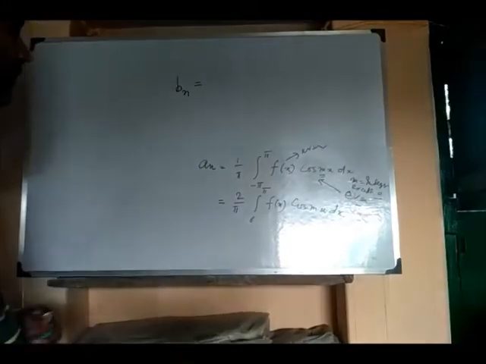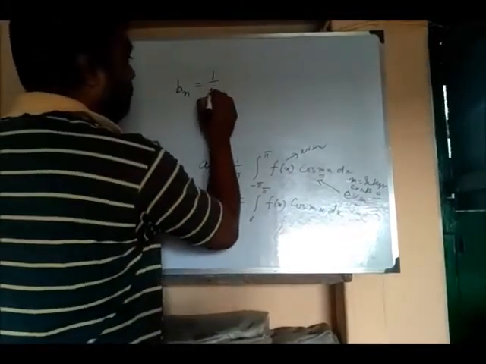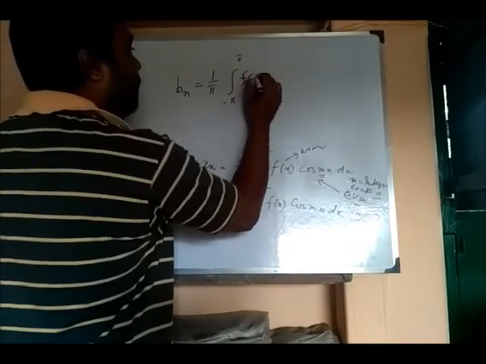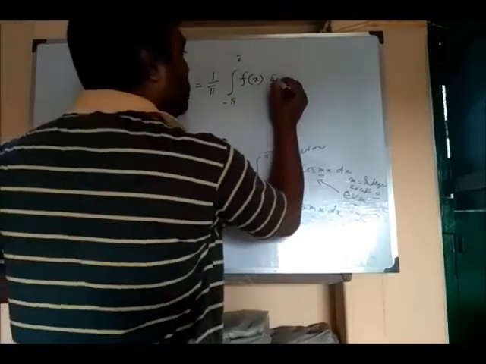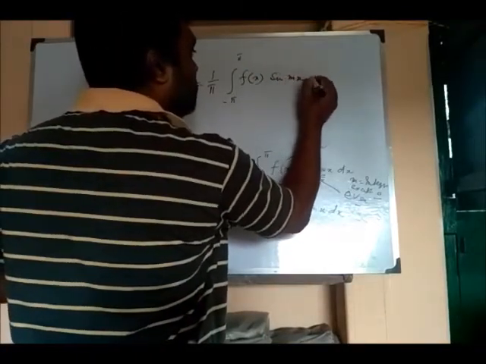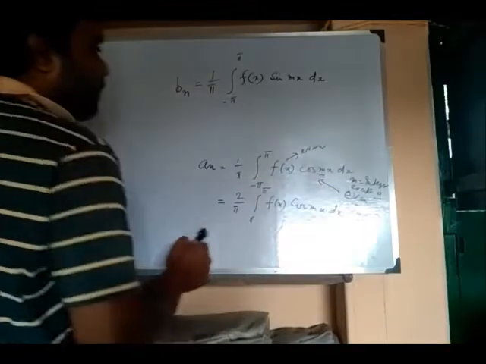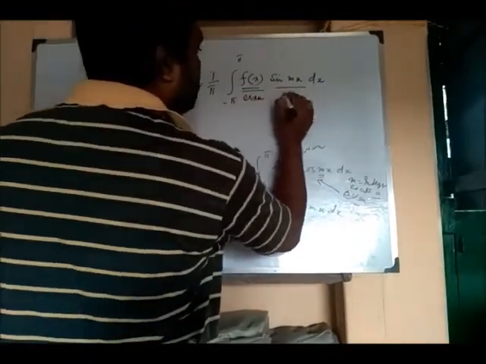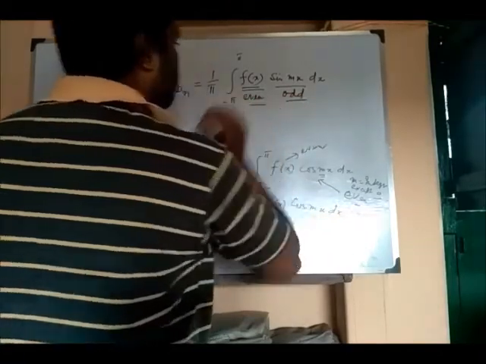bn becomes similarly 1 upon pi, integral from minus pi to plus pi of f(x) sine(mx) dx. Now this function is an even function and this function is an odd function.